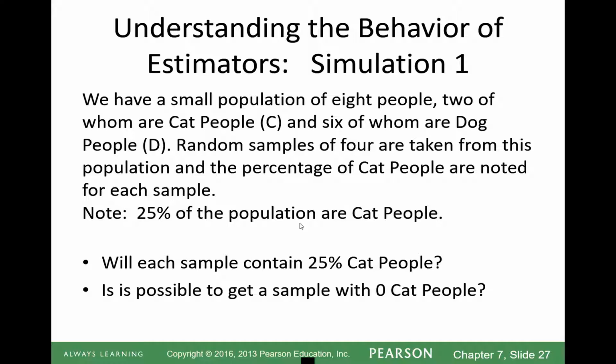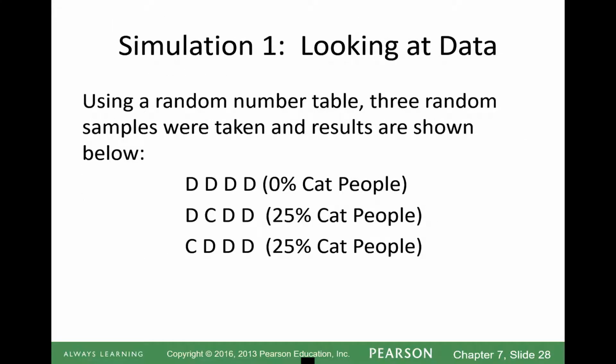Which sample will contain 25% cat people? It's possible to get a sample with 0% cat people. Let's find out. In this case, looking at the samples, random samples were taken.